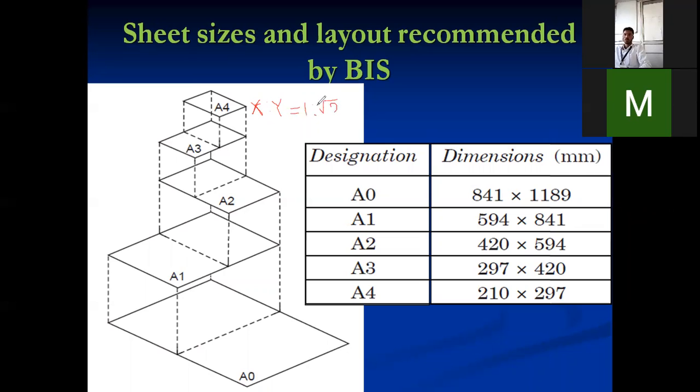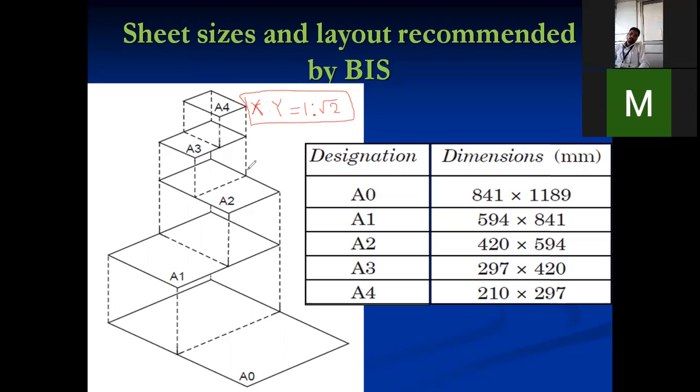What is the value of 1 upon under root 2? This standard ratio is 0.707. This ratio is maintained while maintaining the standard, x to y equal to 1 to under root 2, which is nothing but 0.707.